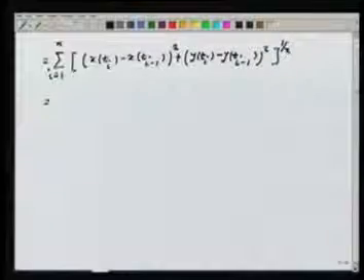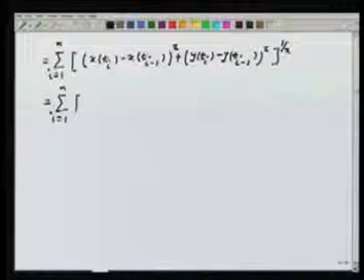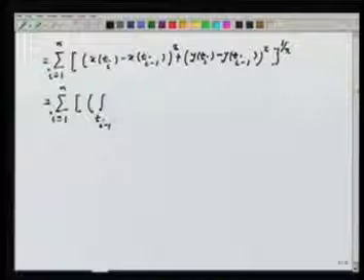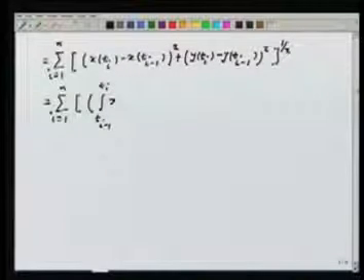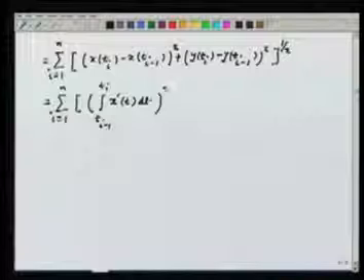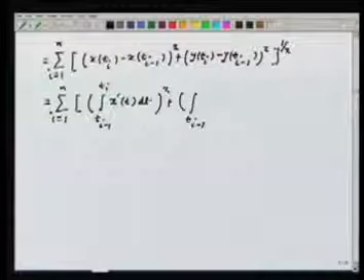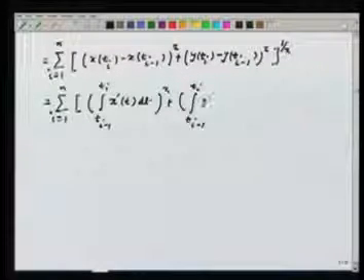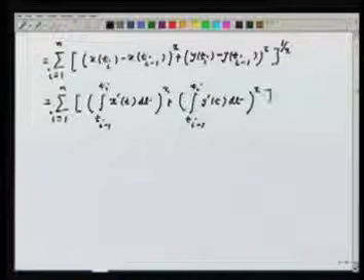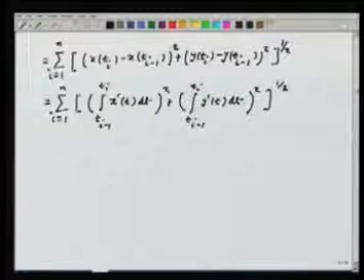So this I will write as summation i from 1 to n of (integral t_{i-1} to t_i x prime t dt)^2 plus (integral t_{i-1} to t_i y prime t dt)^2, whole to the power half. Okay, this is by the second fundamental theorem of calculus.